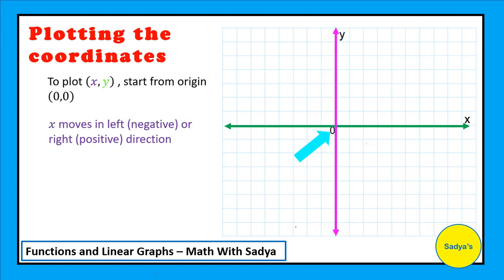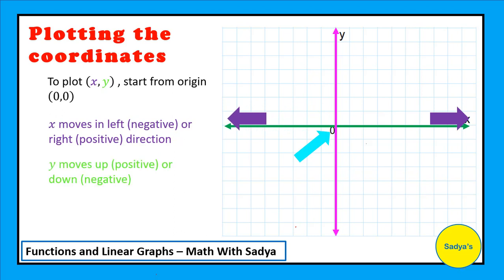Since x represents the horizontal axis, so for value of x, we either move in left direction or right direction. If x is positive, we move towards the right. If x is negative, we move towards the left. We move towards the right if x is positive, and if x is negative, we move towards the left from the origin.